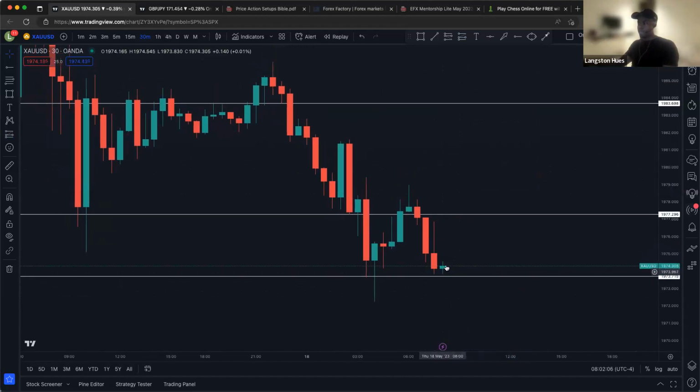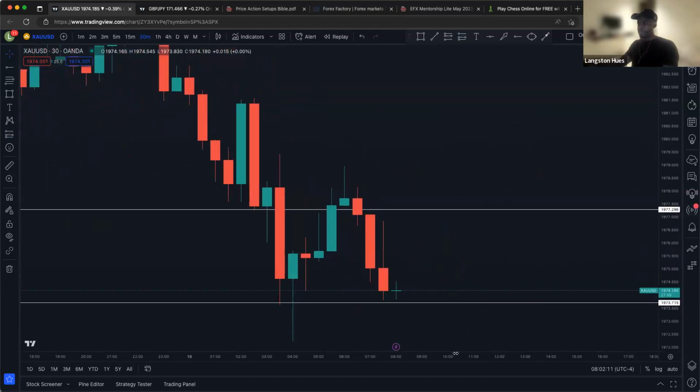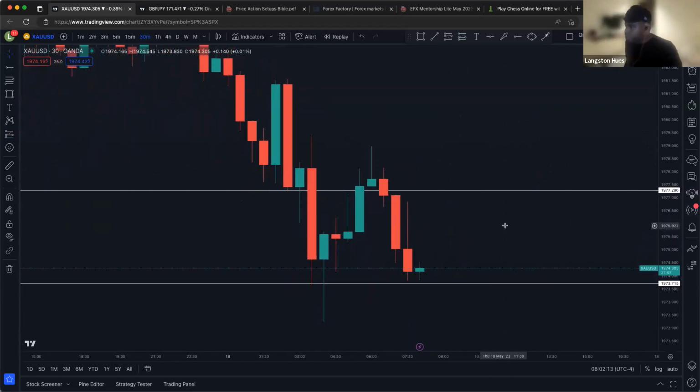But this has to be nearly closing bullish. So we'll have our decision by the last 3 minutes, 2 minutes of the 30-minute candle.